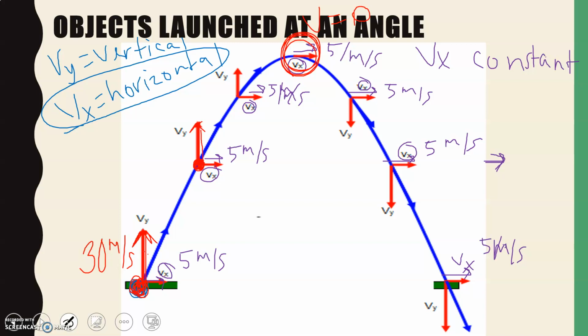So the velocity here is probably close to 20 meters per second. So, as you can see, our velocity is decreasing. So we're still moving in the positive direction, up. However, we're fighting against gravity. Gravity is slowing us down. So we're going from 30 meters per second to 20 meters per second, slowing down just a little bit.